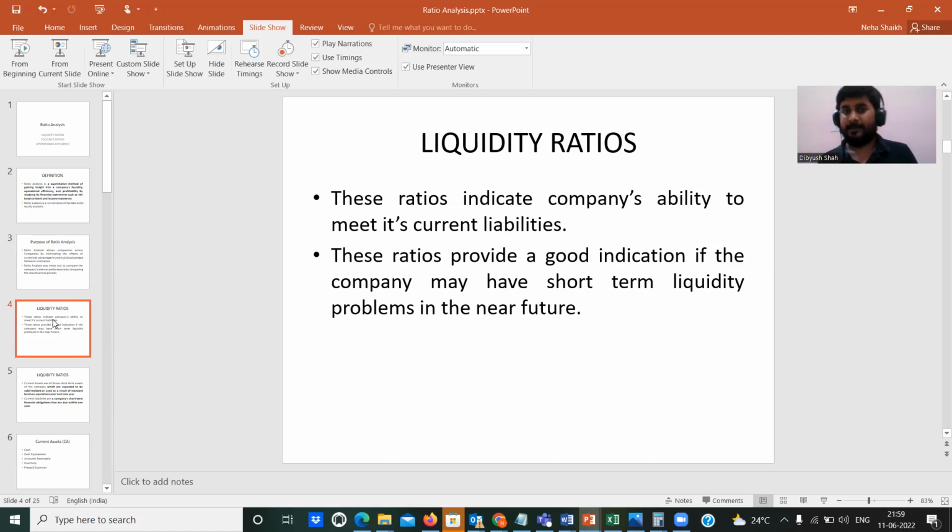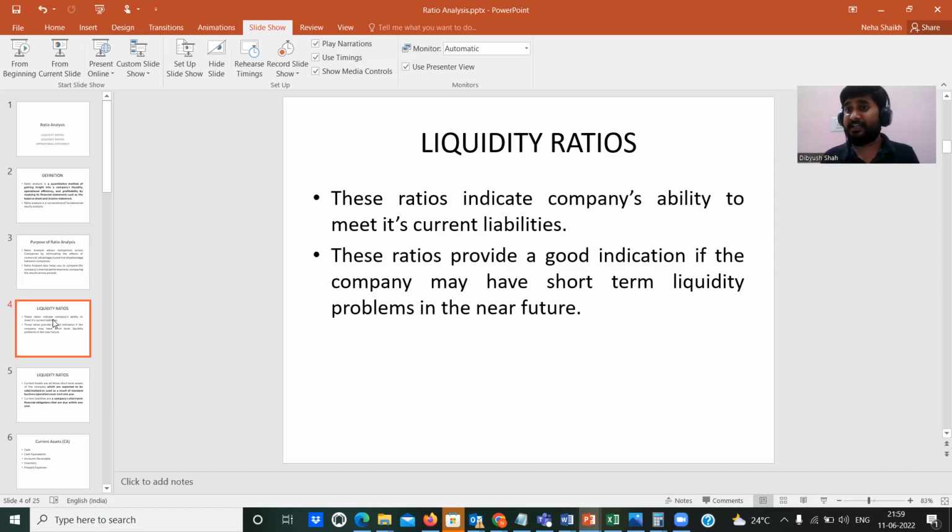For a company, liquidity ratios indicate the company's ability to meet its current liabilities. That means a company will be assumed to be sufficiently liquid if it has sufficient current assets to meet its current liabilities without going to the bank for borrowing or without having the need to raise money.